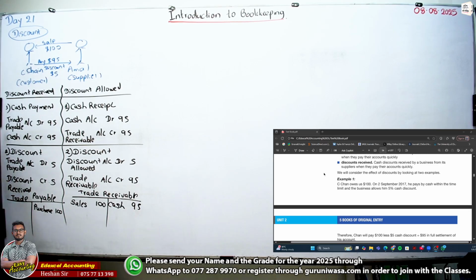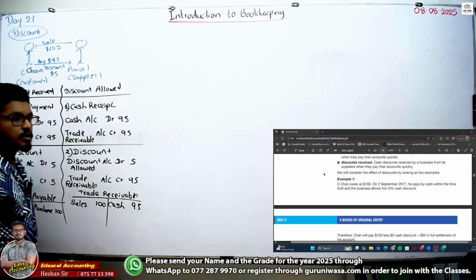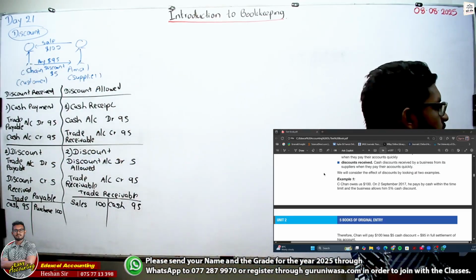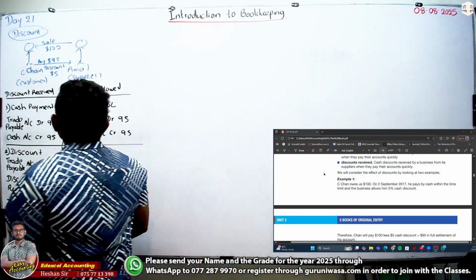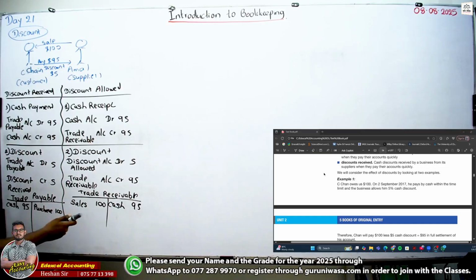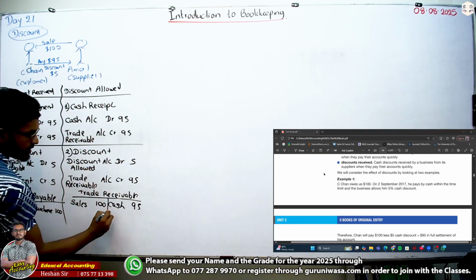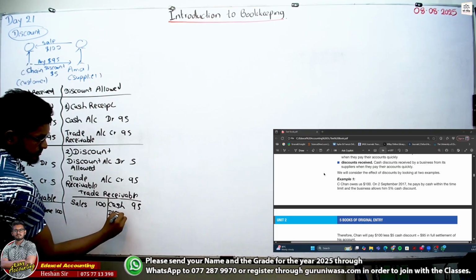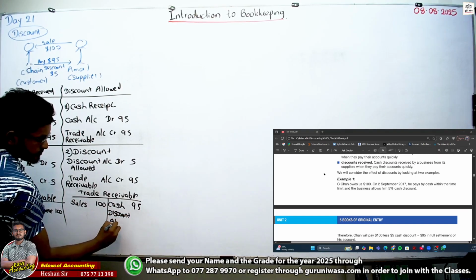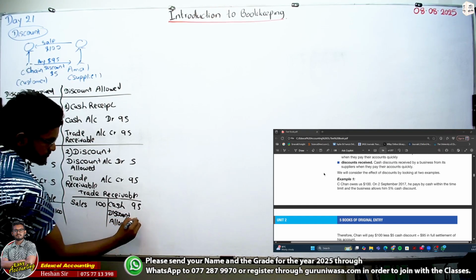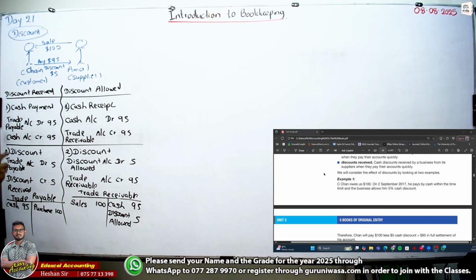From the customer's point of view, cash is credited, and this is debit 95. I hope you can see, right? Now the supplier allows a discount of 5, so discount allowed account debit, and this is credit. This person receives it, so discount received credit, and here debit.